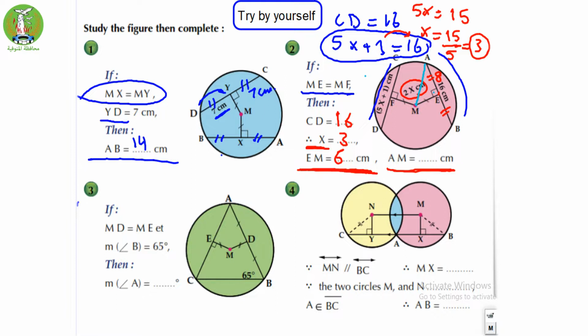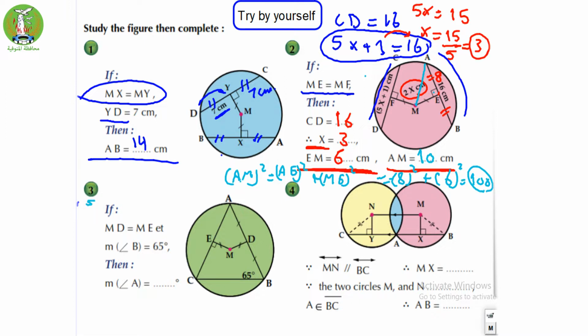AM squared equals AE squared plus ME squared, which equals 8 squared plus 6 squared, which equals 100. So AM equals square root of 100, which equals 10 centimeters.